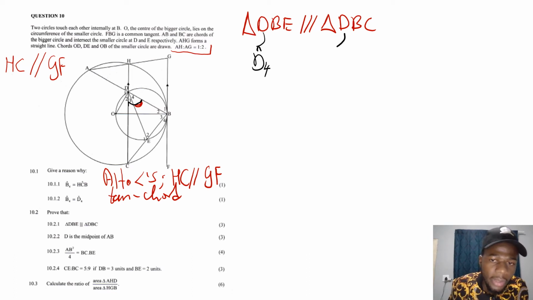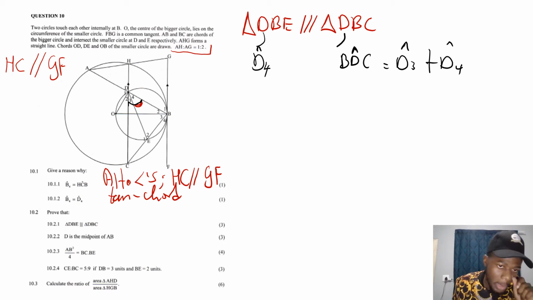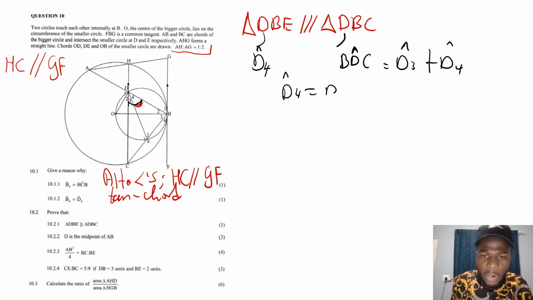Which you can write as B, D, and then C, still the same. We're talking about angle D3 plus angle D4, right? I think there's a mistake in this question. It is impossible for angle D4 to be equal to angle D3 plus D4.